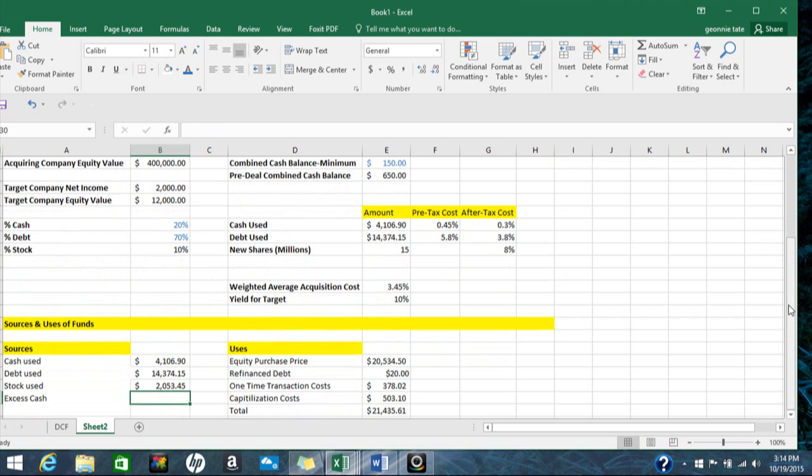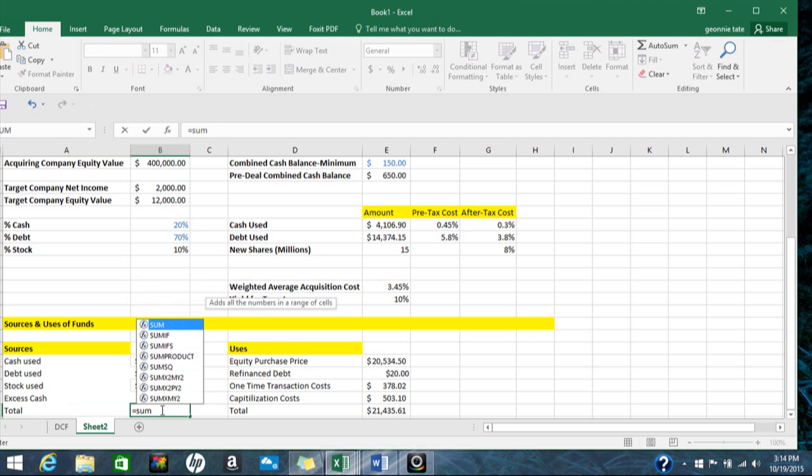We need to calculate the excess cash. And this is kind of tricky because it can vary.